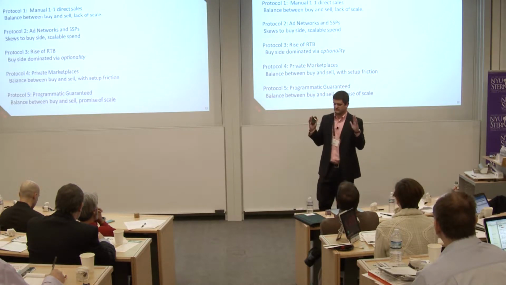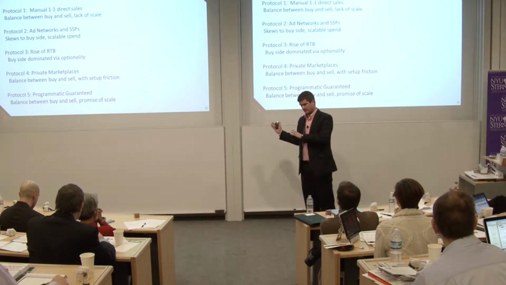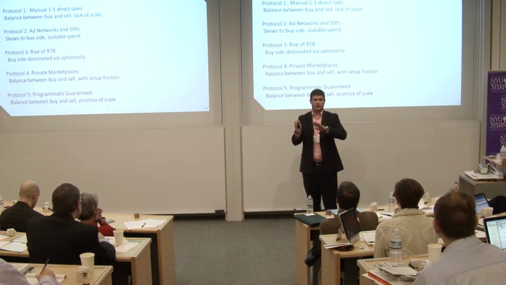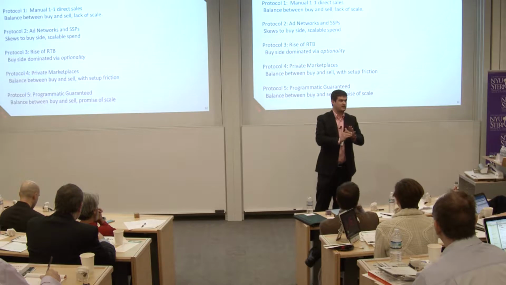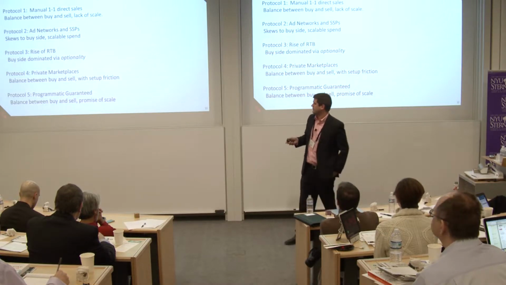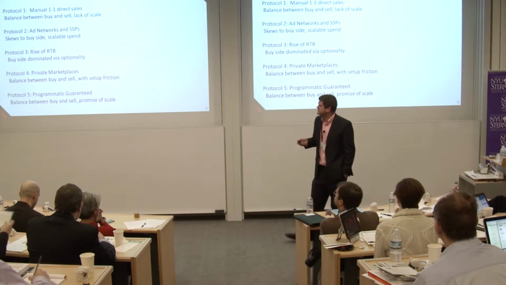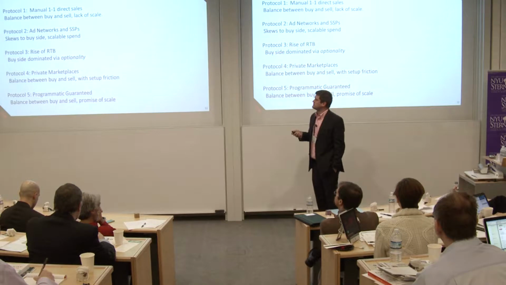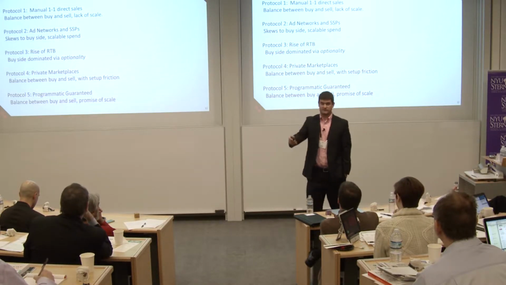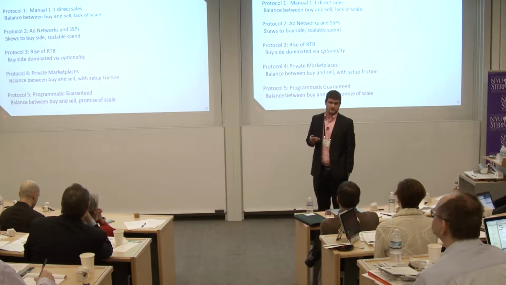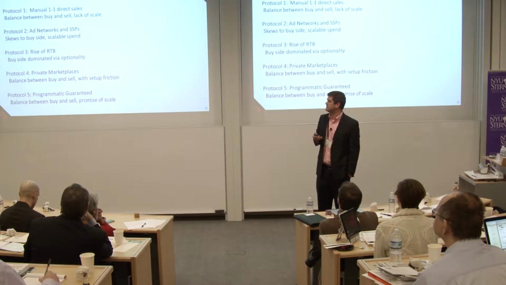And ad networks came to be a place that large buyers would go and put their budget in one organization and have that organization run many campaigns against the SSP to scale their buying behavior. There were some inefficiencies to this. It tended to skew a little bit to the buy side, but it was a way to enable scalable spend. However, it fell short of an efficient marketplace because it didn't have the core interest of each side in mind.